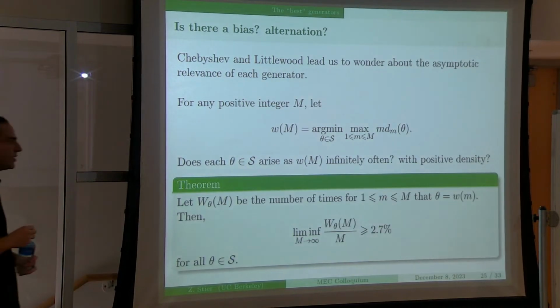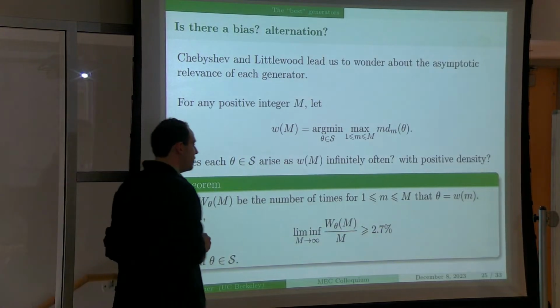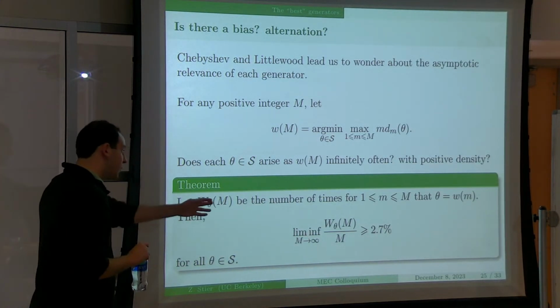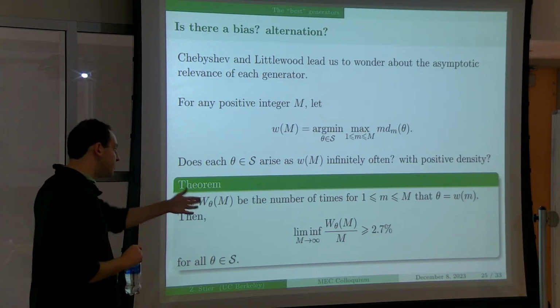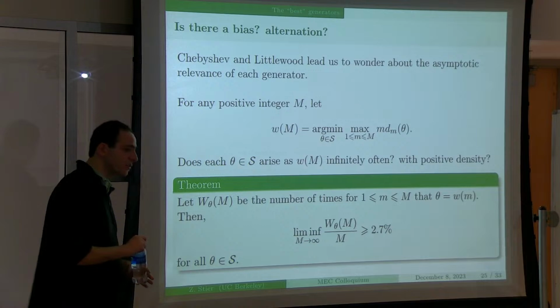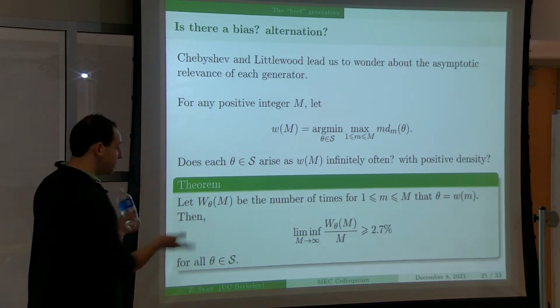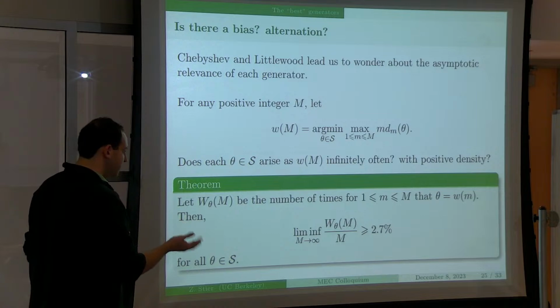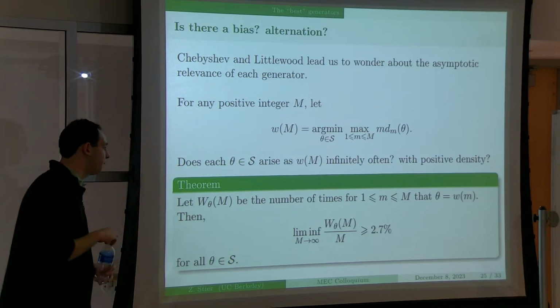And the answer is yes. Each one appears as the best one with probability at least 2.7%. Some of them are much more popular, but the least asymptotically good one is good with probability 2.7%, which is constant size. That's not vanishing. It has a real piece of the pie, if you will.